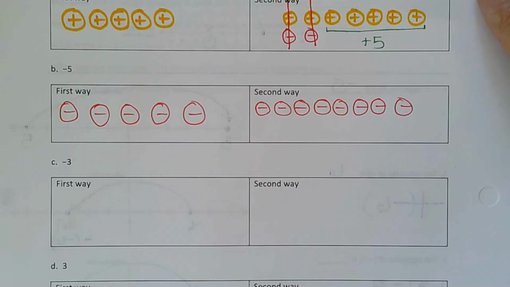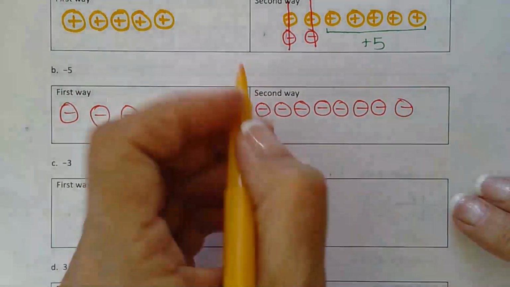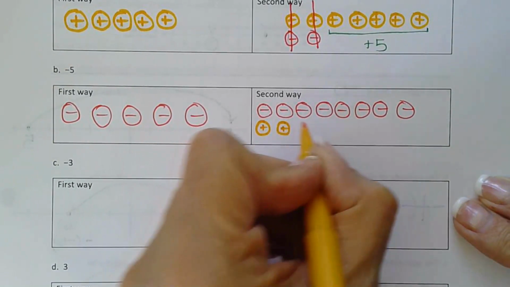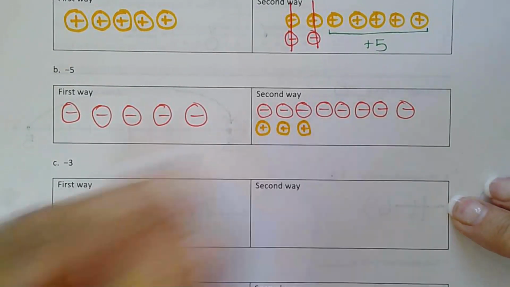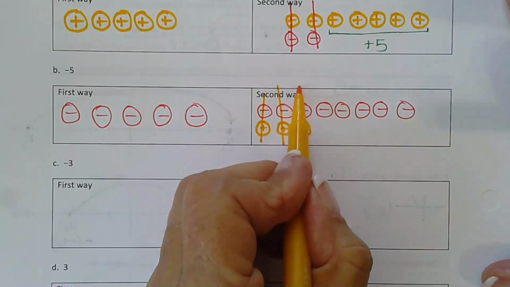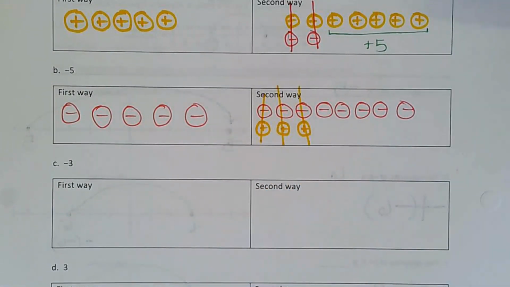And then I need 3 of those to cancel out to leave only 5 negatives left. And then I go ding, ding, ding. What's my answer? Negative 5.